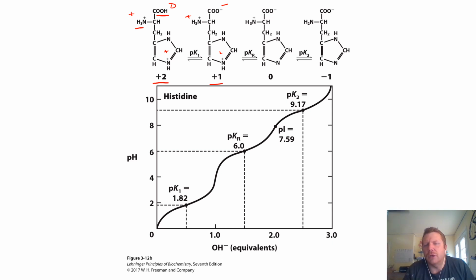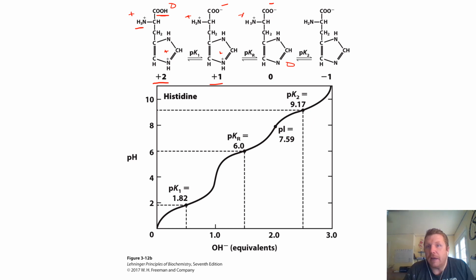Finally, when you get to deprotonating that R group, you're taking that from +1 to 0, and so now you've got a C terminus with a minus charge, an N terminus with a +1, and an R group with no charge whatsoever. So the positive of the N terminus and the negative of the C terminus effectively cancel one another out, giving you 0 overall charge.